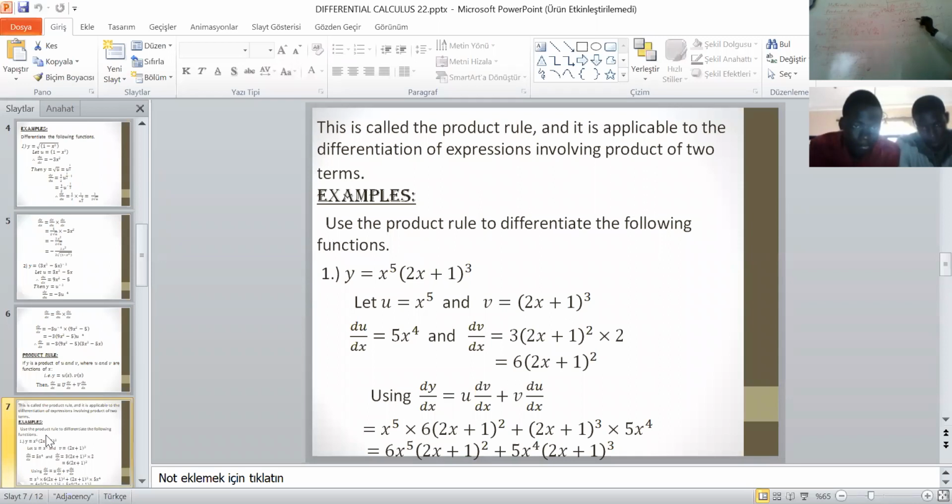Then 2x plus 1 raised to the power 2 and 2x plus 1 raised to the power 3: the common factor there is 2x plus 1 all raised to the power 2. So I factorize out those two common factors. This is x raised to the power 4, then 2x plus 1 all raised to the power 2. If I remove x raised to the power 4 from x raised to the power 5, you have x remaining. With this 6, I got 6x.